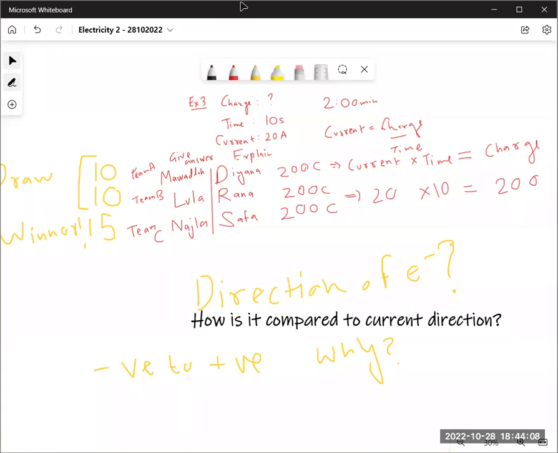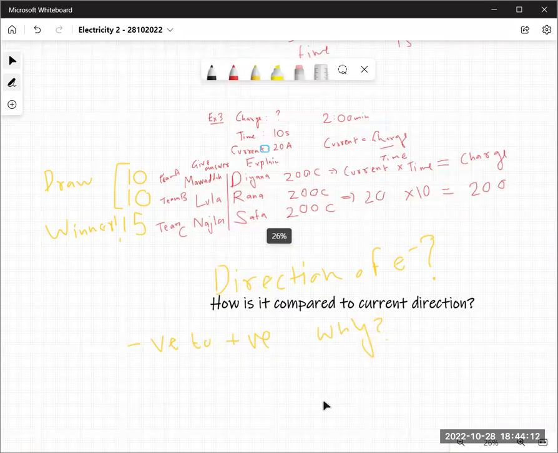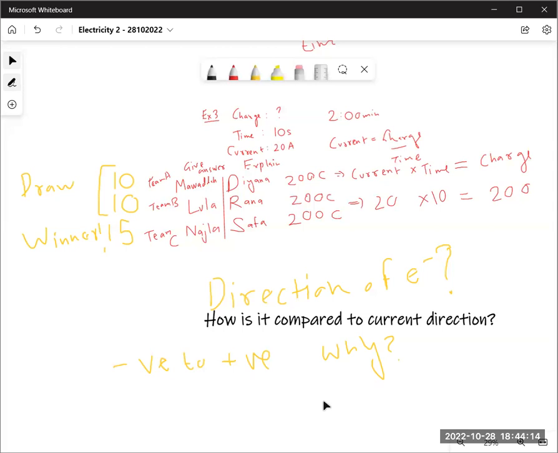All right. Now the answer is correct, but I'm not sure if you know it. One last try: how is the current direction compared with the electron direction? Is it the same or opposite? It's opposite. All right.